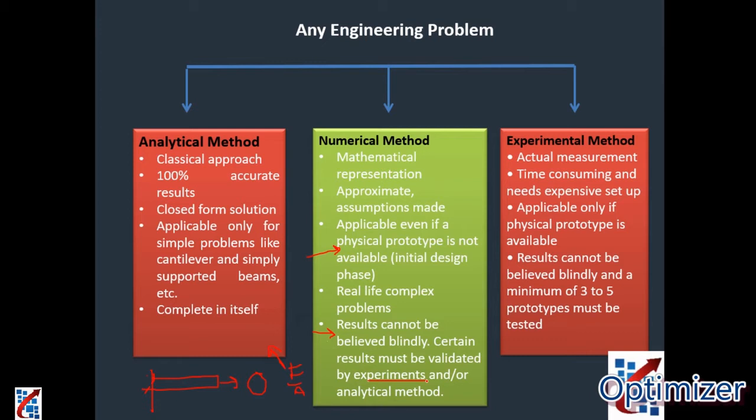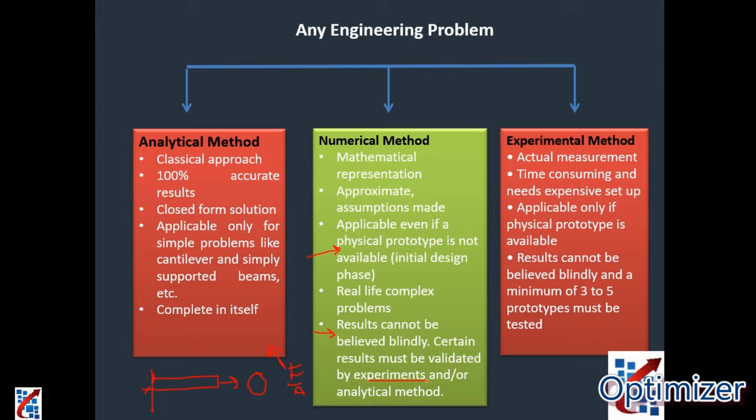And the last part is the experimental method. This is again a physical method where you are going to validate whatever the CAE results or numerical results are. So for validating that result, you can use the experimental method. Here also you are going to take an actual measurement of stress, deformation, or any other consideration.